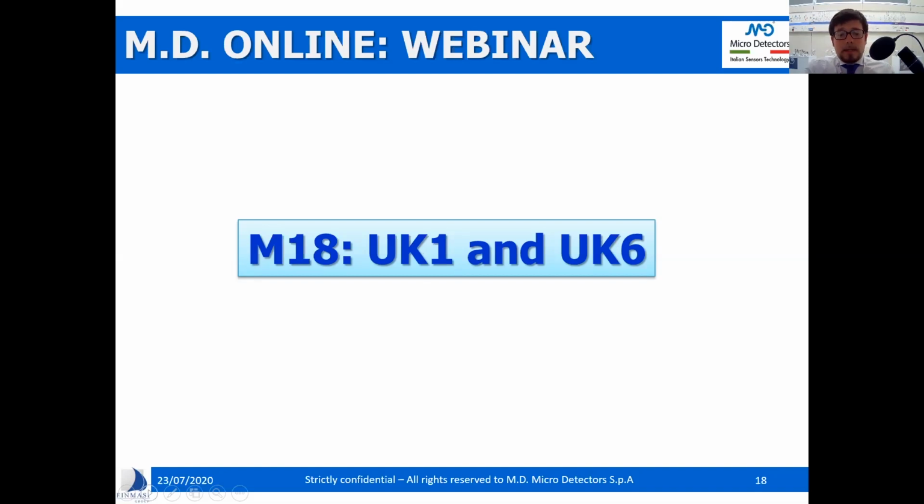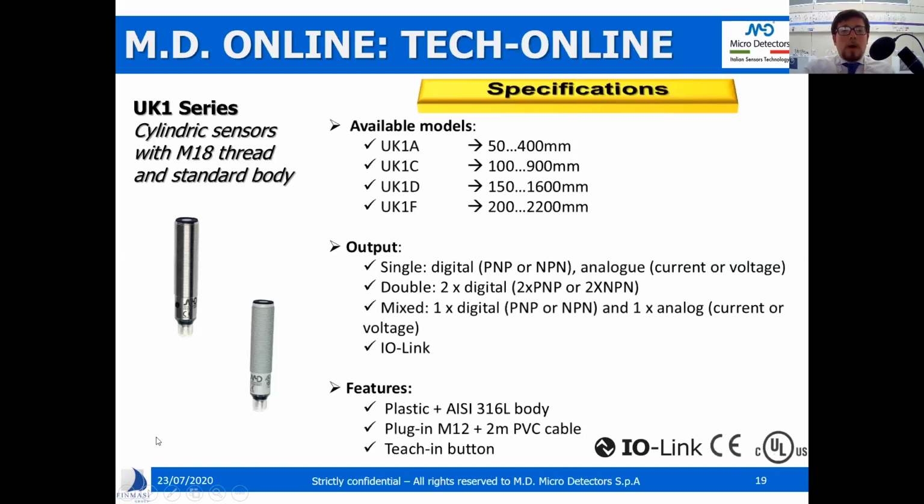sensors, UK6. The UK1 sensors can be defined as cylindric sensors with M18 thread and standard body. A first way of clustering all the possible models included within this family is to use the sensing distance.